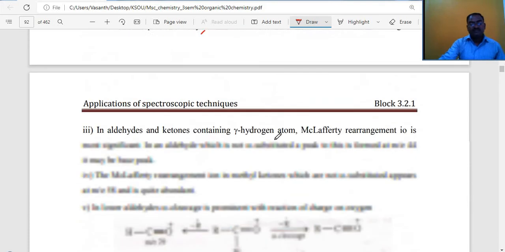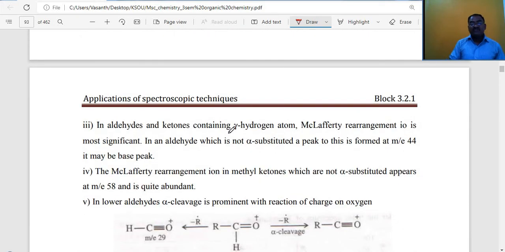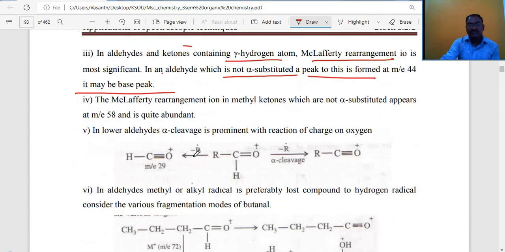Next, in aldehydes and ketones containing a gamma hydrogen atom, McLafferty rearrangement is the most intense and significant. In an aldehyde which is not alpha substituted, the ion formed at M by E 44 may be the base peak.